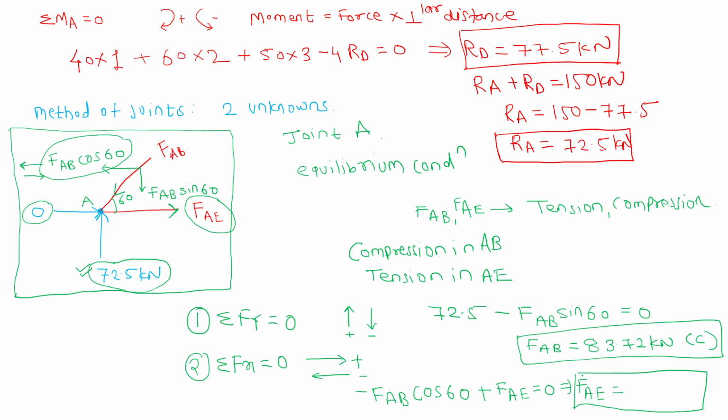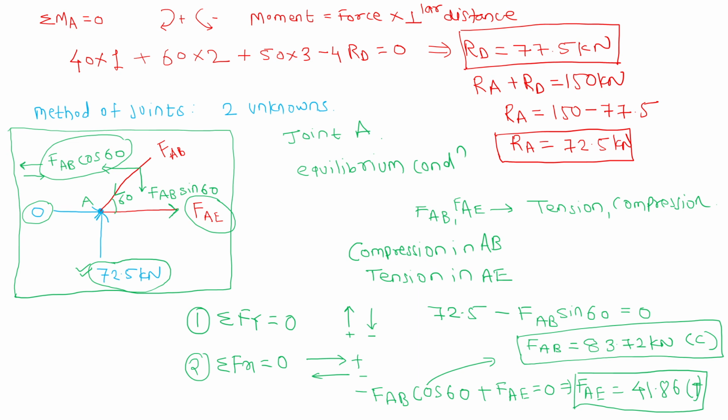We know that FAB is 83.72 into cos 60. So it is 41.86, positive because it will go towards the right. We have assumed it tension. Answer is positive. That means the nature is correct. So the first force FAB is 83.72 and the second force FAE is equal to 41.86 kilonewton. Okay.